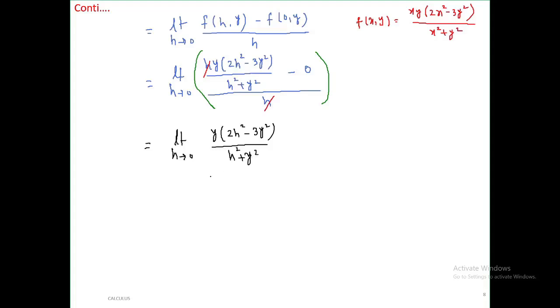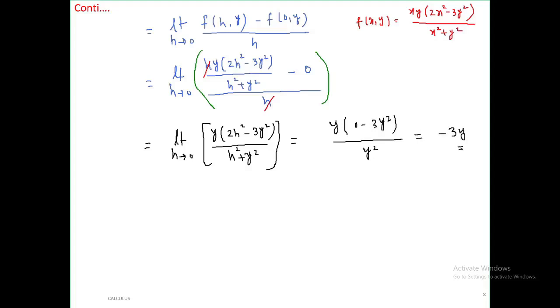Okay. Now substitute back. h is 0 in this. So y into 0 minus 3y square, for h is 0, only y square. So y is out, one y will remain, and this y will cancel out, minus 3y we will get.